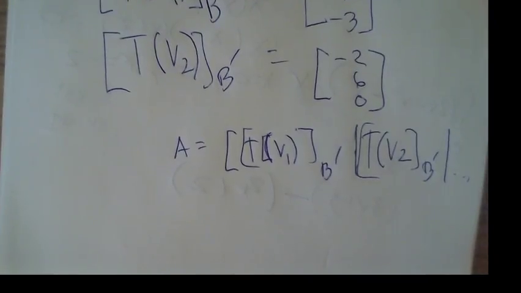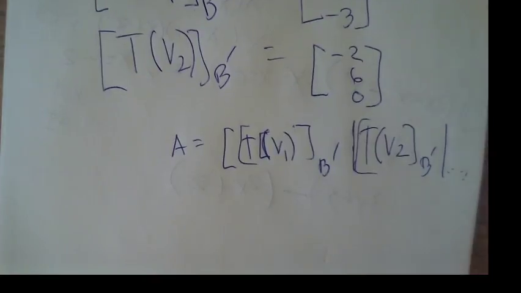I got that from the given information. The matrix is already relative to those bases. You would do that for v1, v2, v3, and v4. Then the column vectors represent the images relative to B prime.